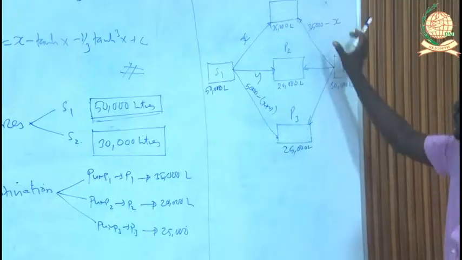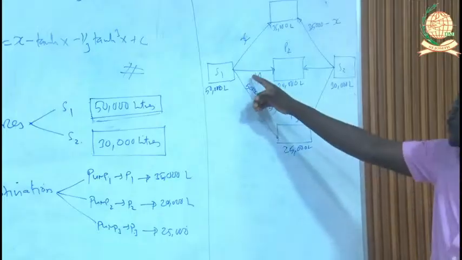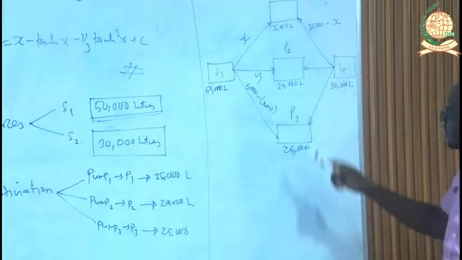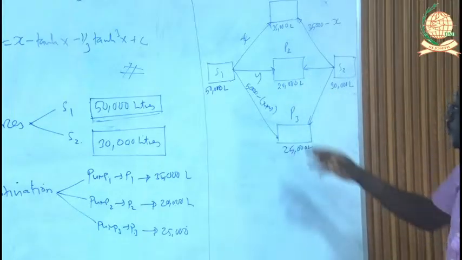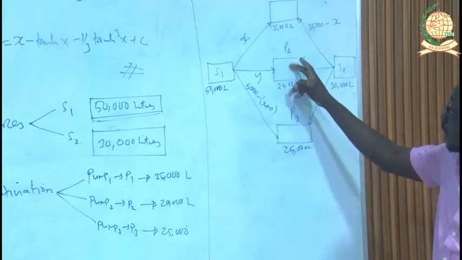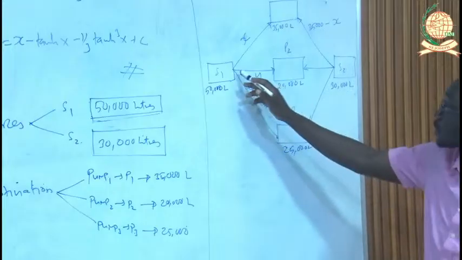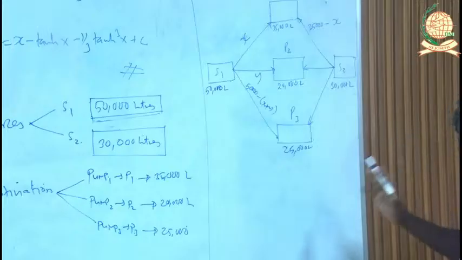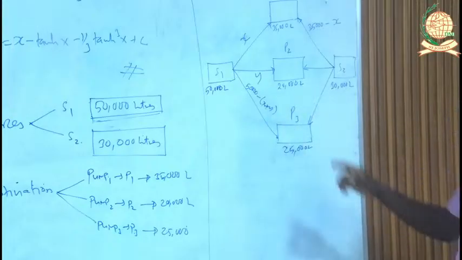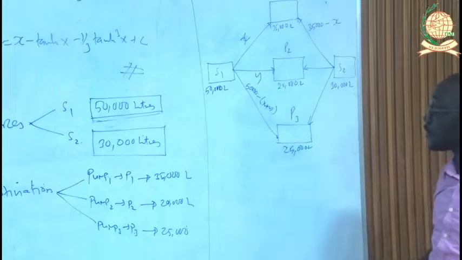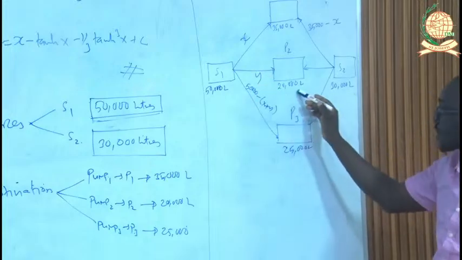And we'll do the same thing for Y, because Y liters is what is supplied to P2. We don't know whether Y is going to be exactly 2,000 liters, but the amount that comes here as Y should not exceed the capacity, because P2 has to take from S2 and S1. So Y has to be less than or equal to 20,000.